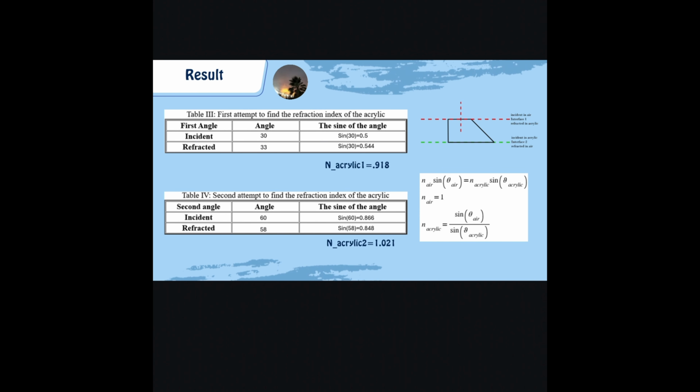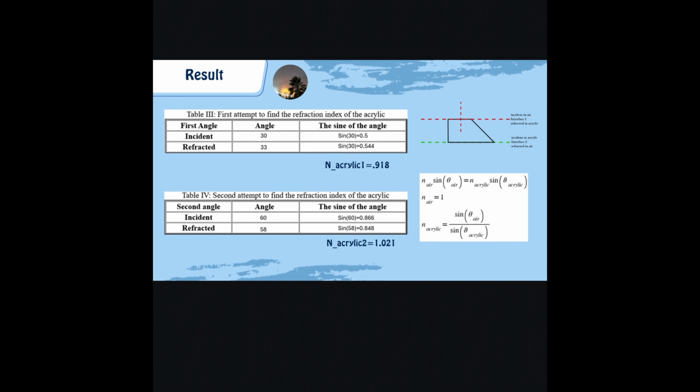So for the second experiment, our ultimate goal was to find the refractive index of the acrylic. The shape of the acrylic is shown at the top right. How we conducted this is that we shot two laser beams at two different angles at two different times.